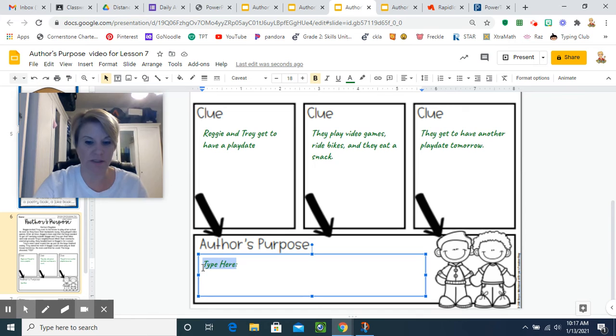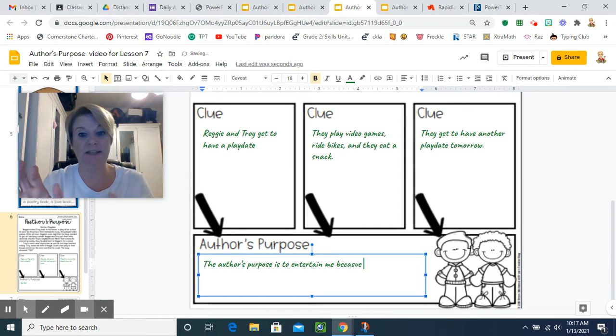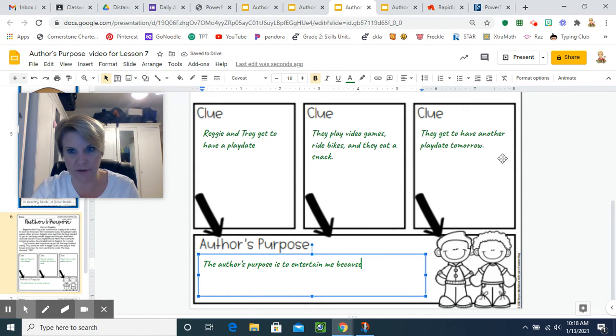So I'm going to type, the author's purpose is to entertain me because... I want to make sure that I tell why. I have my clues listed here, my three clues, but I want to make sure that I tell why it is the author's purpose.